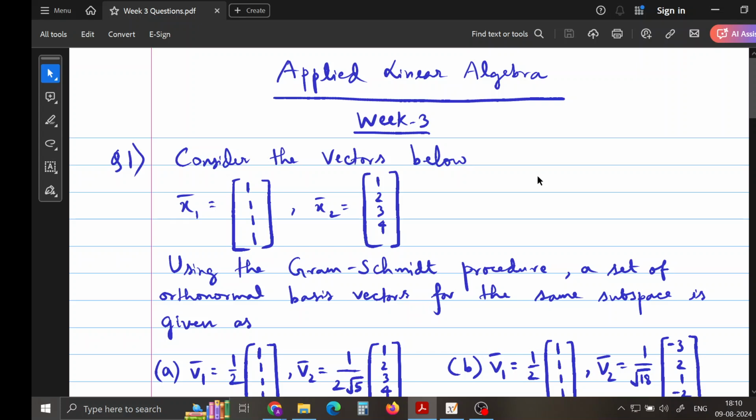Basis means any vector in that subspace can be expressed as a linear combination of the basis vectors. A basis in general has two basic properties: they should be a linearly independent set, as well as a spanning set, meaning their linear combinations span the entire vector space. So any vector can be represented using an appropriate linear combination of the basis vectors, and it need not be unique.